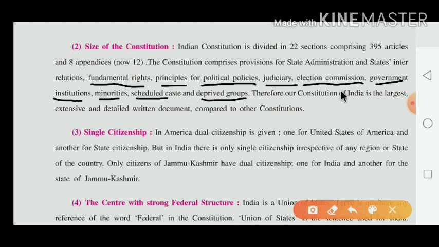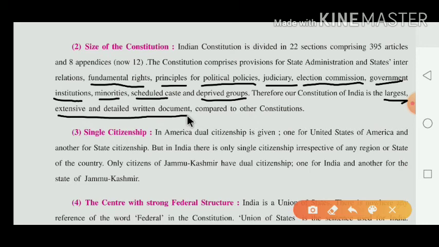All these things are included. What is the meaning of deprived? Deprived means vanchita.